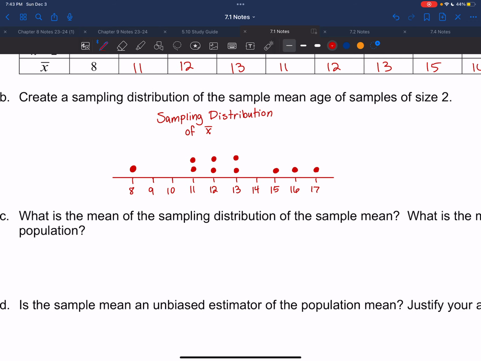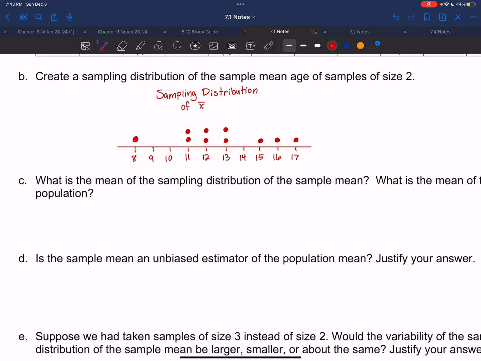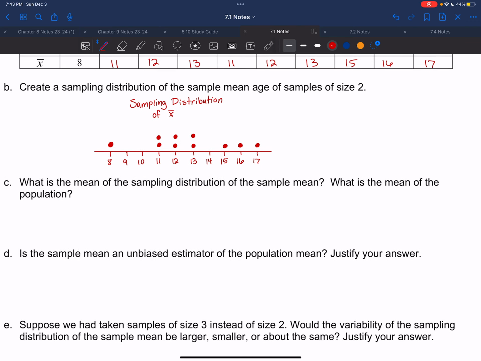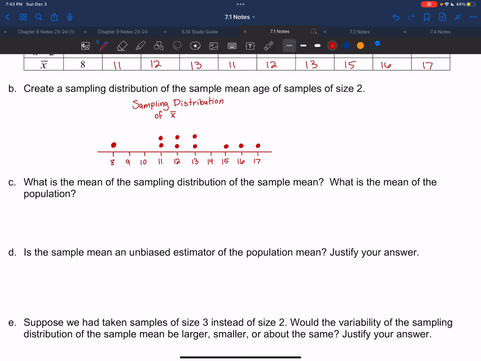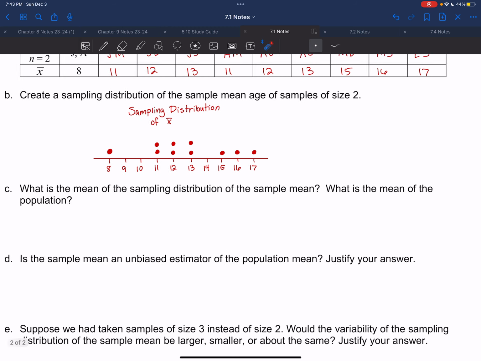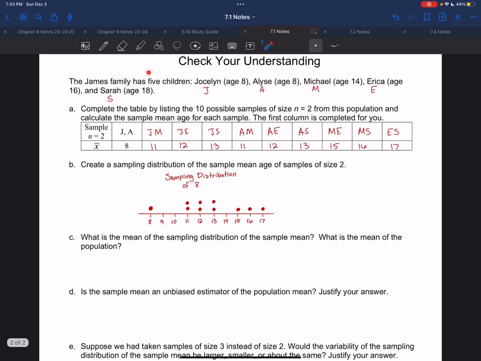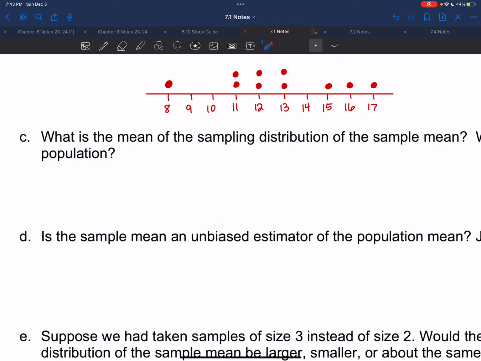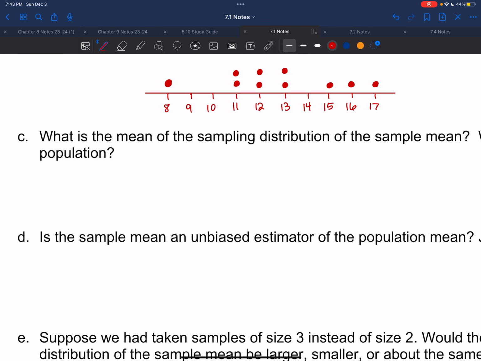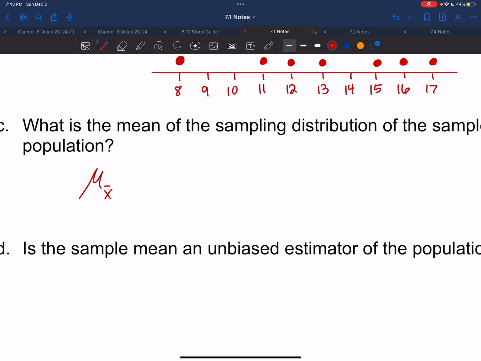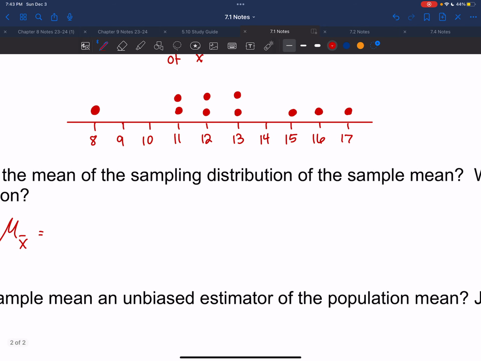All right. And now part C says, what is the mean of the sampling distribution of the sample mean and what is the mean of the population? So we're going to have to calculate two different means here, a mean of this sampling distribution and then also a mean for the population, so all 5 kids together. If I do the sampling distribution, I'm going to have mu sub x bar, okay? And all I'm doing is adding up all of these numbers and dividing by however many I have.